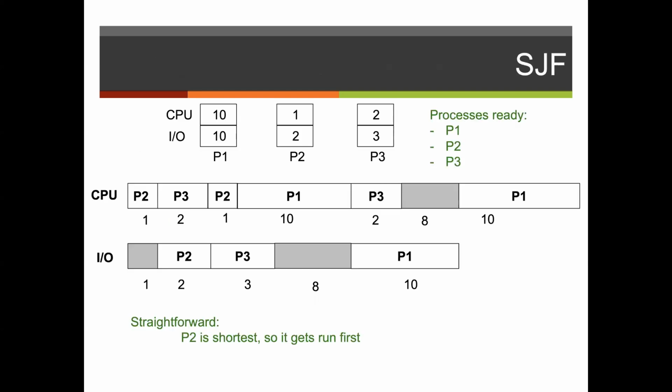And so if we take this into consideration using the previous approach, we want to identify what processes are ready. And with this in place, we see that P2 has a CPU burst of 1. And so that is what is going to get executed first.